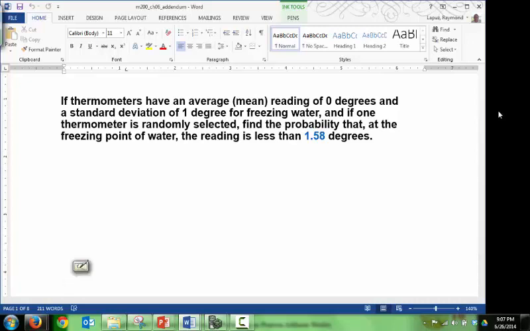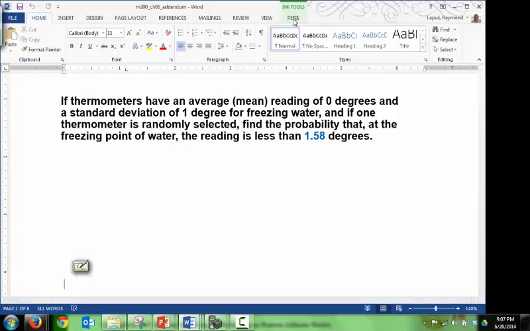So this is asking, if one thermometer is randomly selected, find the probability that at the freezing point of water, which is supposed to be 0, the reading is less than 1.58 degrees. Okay? So you could try to think about the scenario with the thermometers and everything, but if you want to try to just shift your thinking now into how would I do this problem in a test.